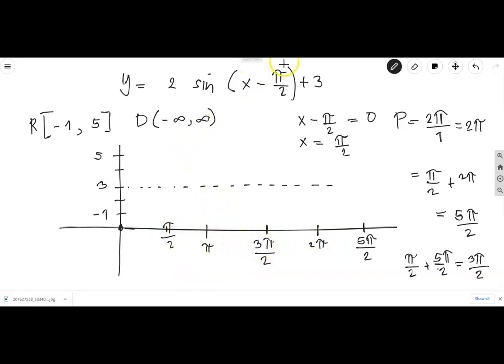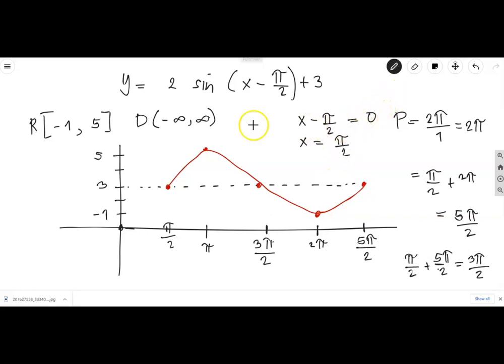The graph now goes from here, going to 5, going this way, going to -1, and then going back to 5. So you will have this graph. That is the sine graph.